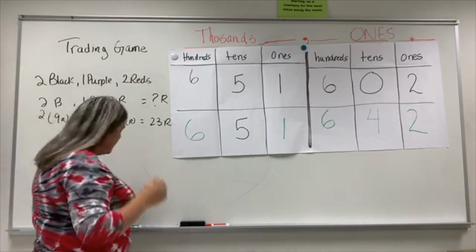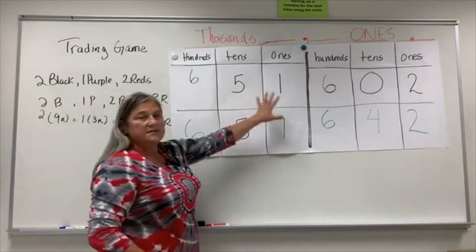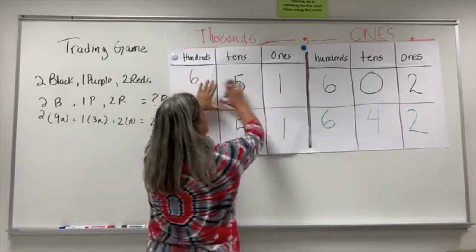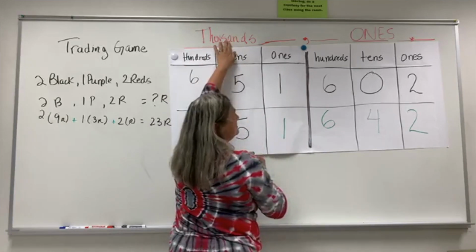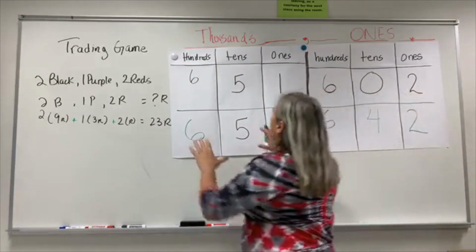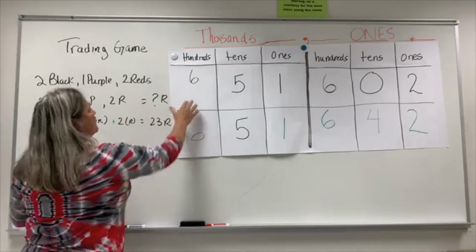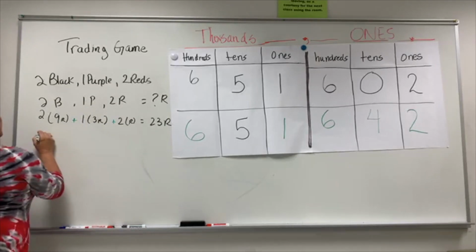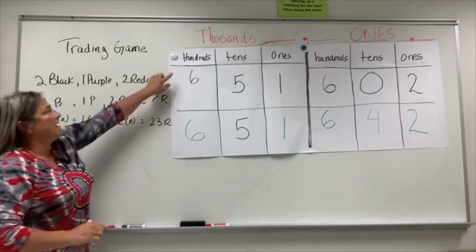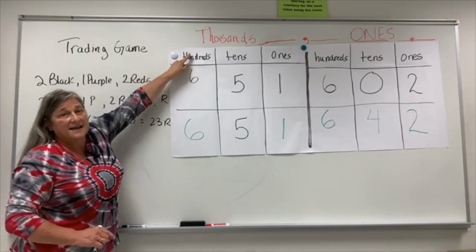So what do we know? We know in the first player, and this is the whole reason why we do this, we have this chunk of thousands, and we have this chunk of 1s. So how many thousands do we have? Well, we have 600, and that's thousands.